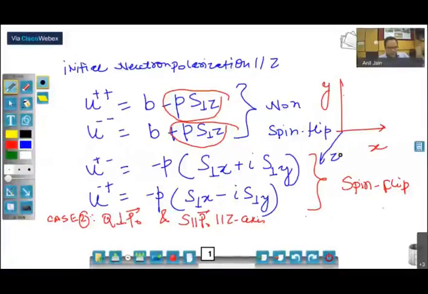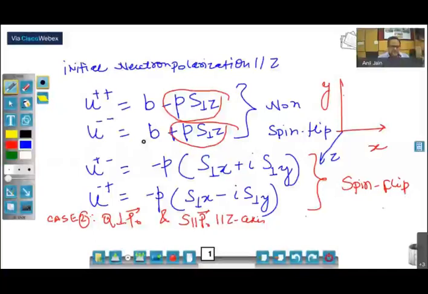So if you have Q which is transverse to P naught, meaning you have the horizontal scattering geometry and your initial neutron polarization is along the Z direction, then all magnetic scattering goes to this non-spin flip channel.